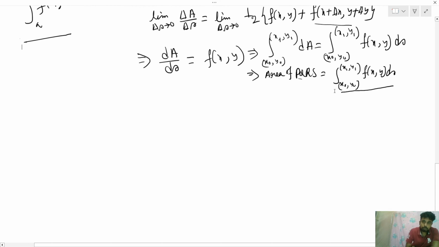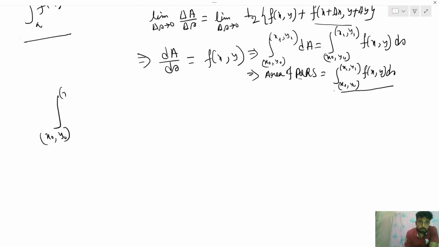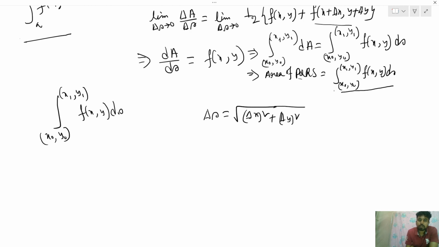Now look at this line integral from x0, y0 to x1, y1, f of x y ds. And what do I get? Delta s equals the square root of delta x squared plus delta y squared.